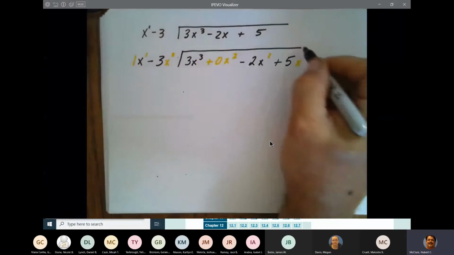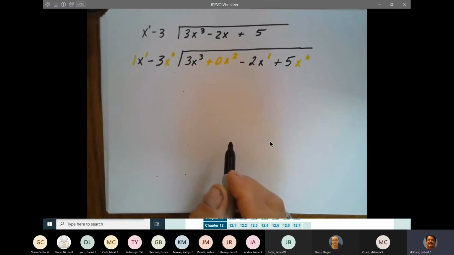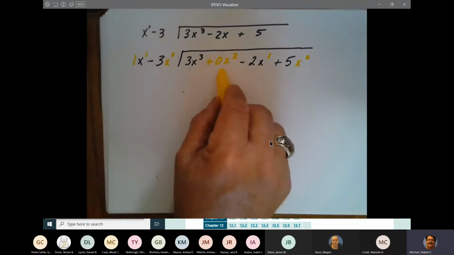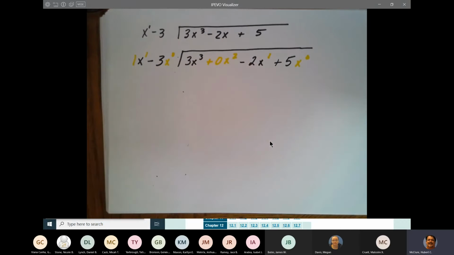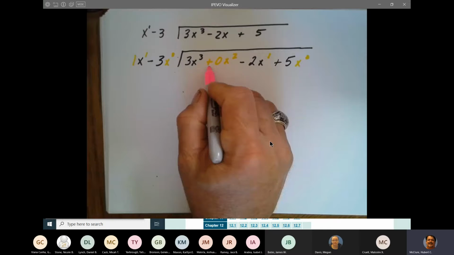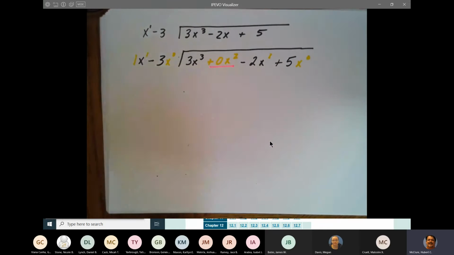So it looks like to me we've got everything except for one term. And that one term is the yellow term right there. I'm going to take my pink pen and I'm going to put a line under that one. That's the only term missing.